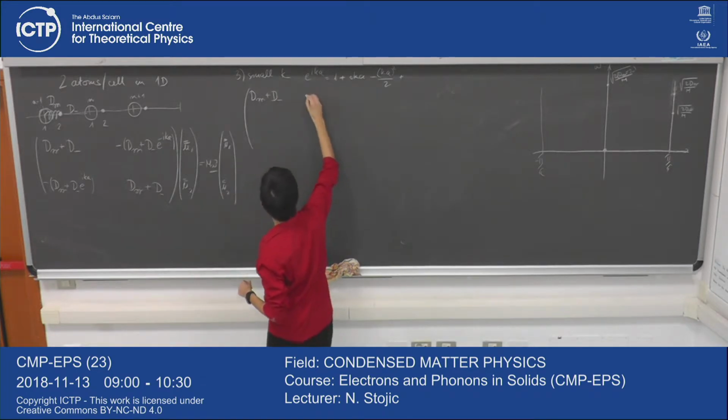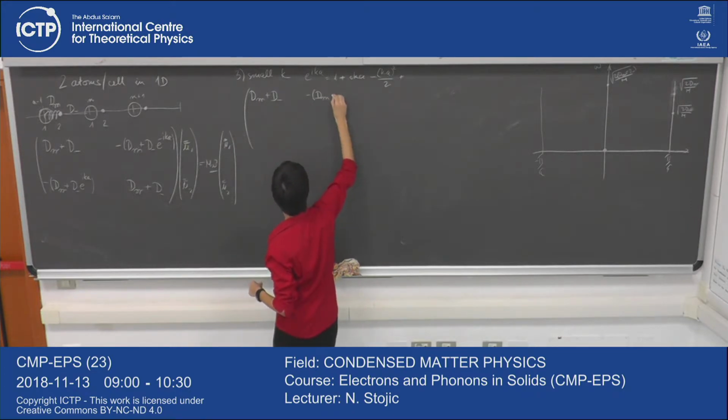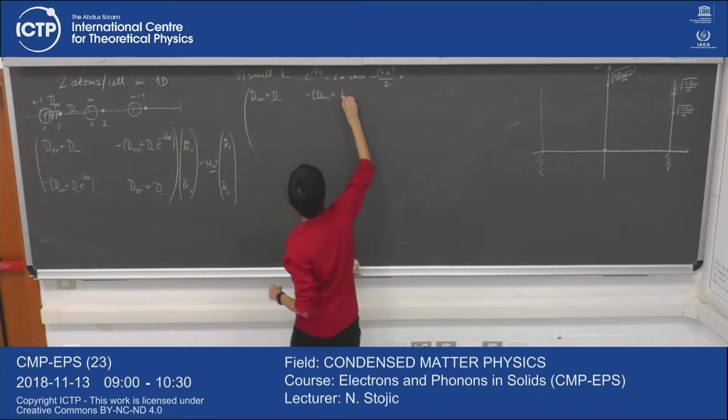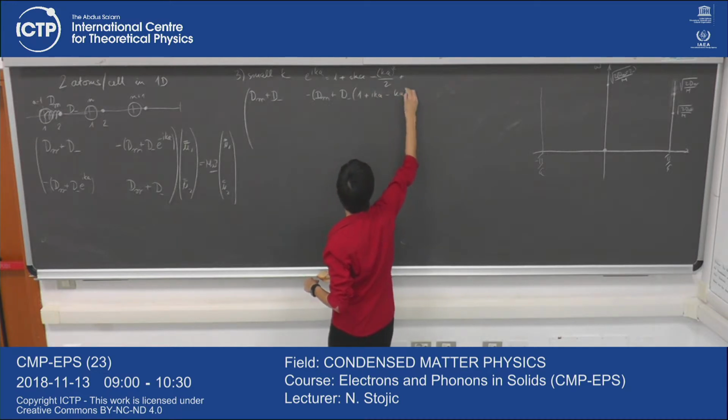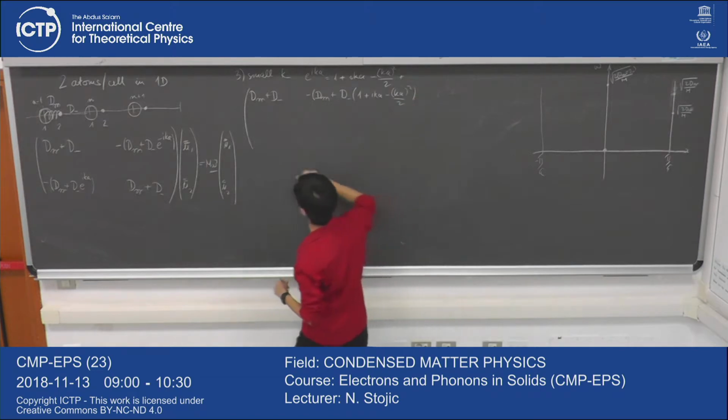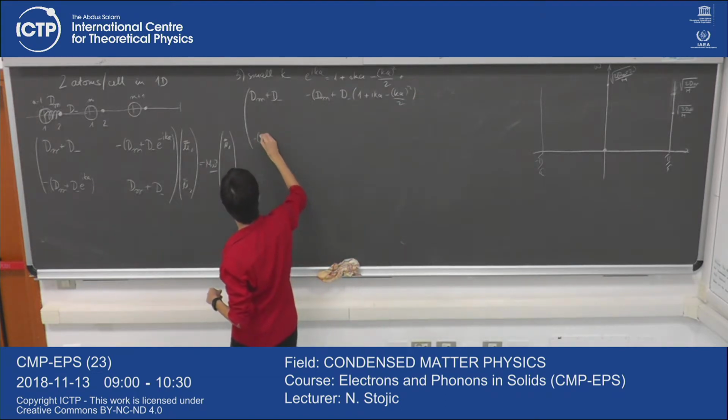Here we have D strong plus D weak times 1 plus i k a minus k a squared. Here we have minus D strong plus D weak.